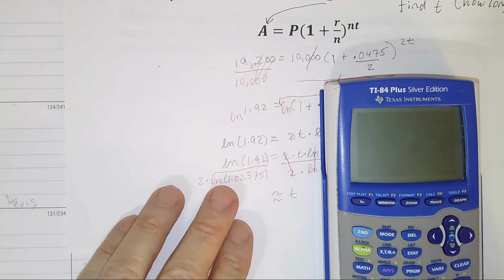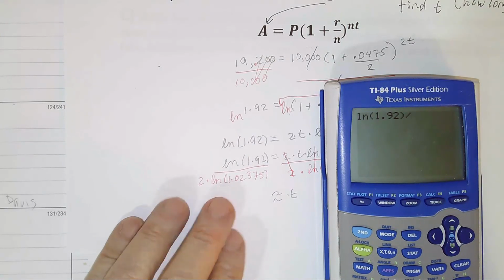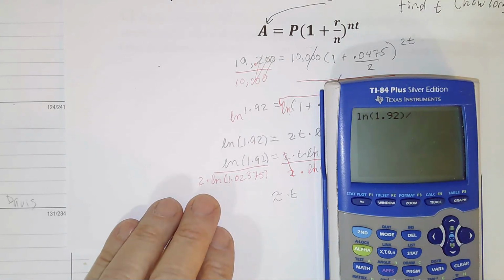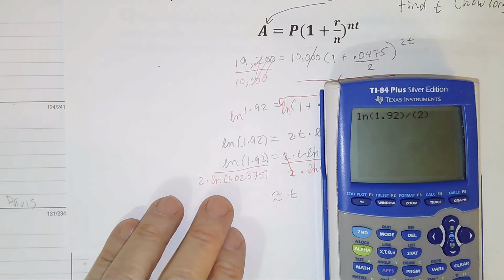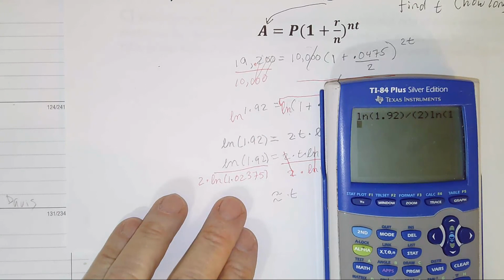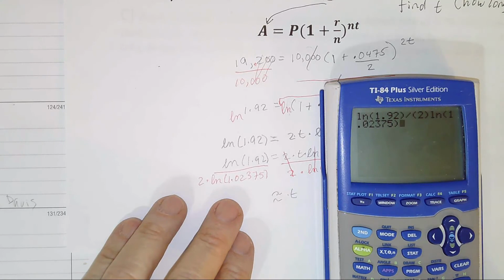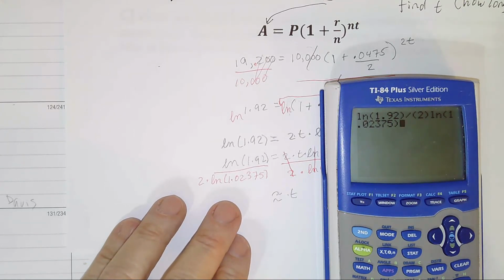So 2 times the natural log of 1.02375. See if I wrote that all right. Close the parentheses. And let's cross our fingers that we did it right.